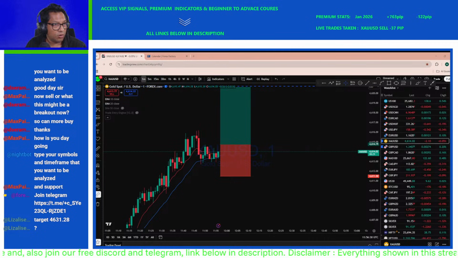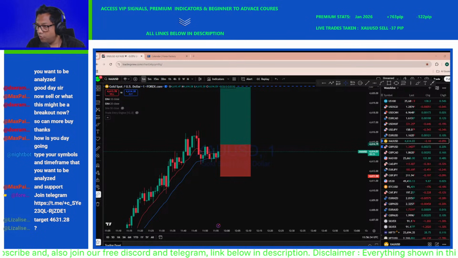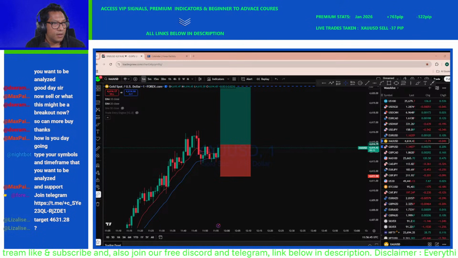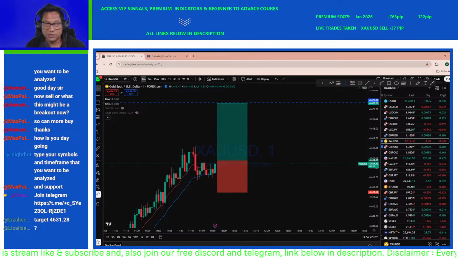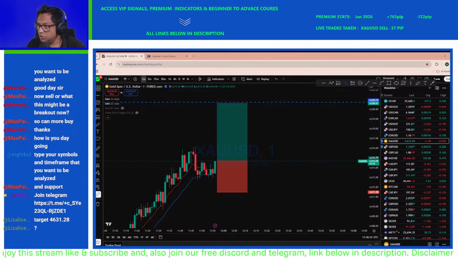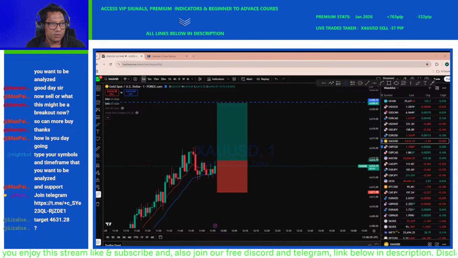So here I'm looking at a pending order at 4614.79. Stop loss at 4611.50, and profit target set at 4620.61. It's at the entry almost.